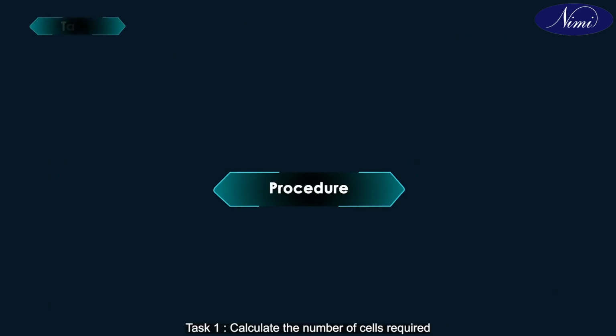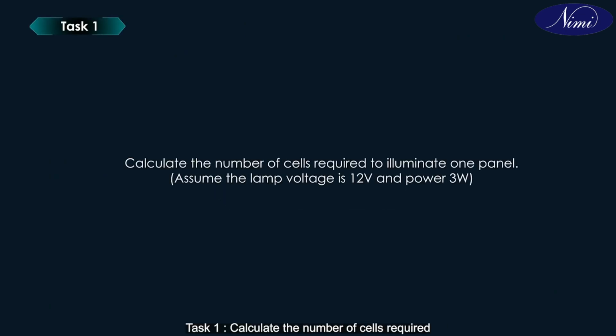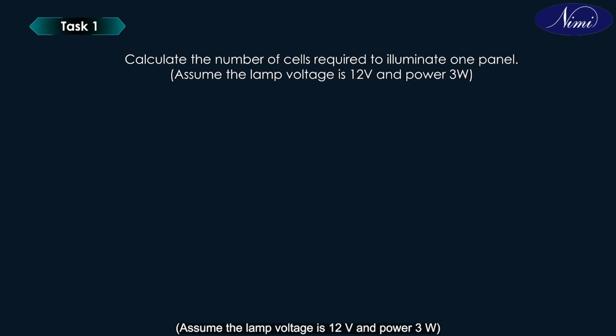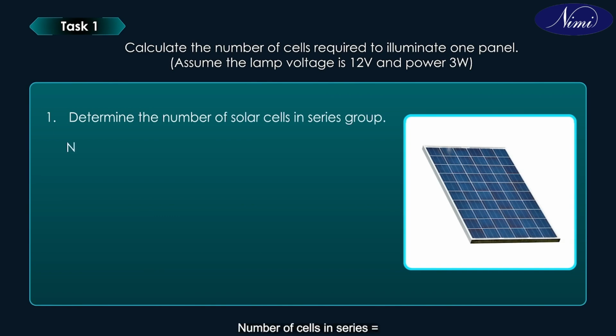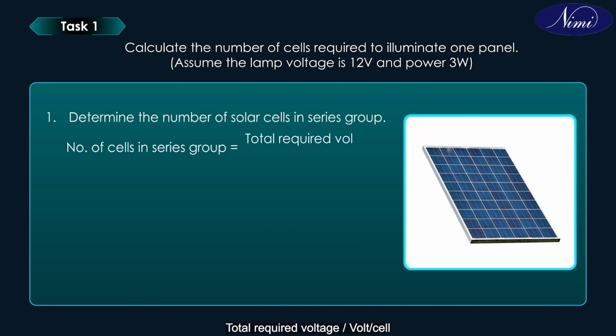Procedure. Task 1. Calculate the number of cells required to illuminate one panel. Assume the lamp voltage is 12 volt and power 3 watts. 1. Determine the number of solar cells in a series group. Number of cells in a series group is equal to total required voltage divided by volt per cell.